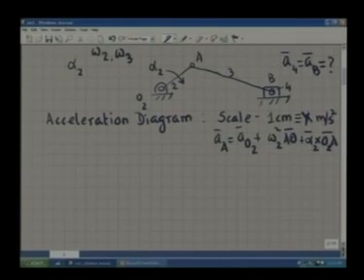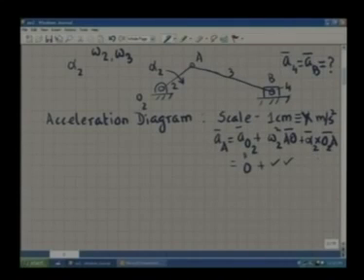Now in this vector equation, AO2 is 0 because the point O2 is fixed, so it is completely known. This is 0. Omega 2 has been given, AO is known, so I know this vector completely, both its magnitude and direction.